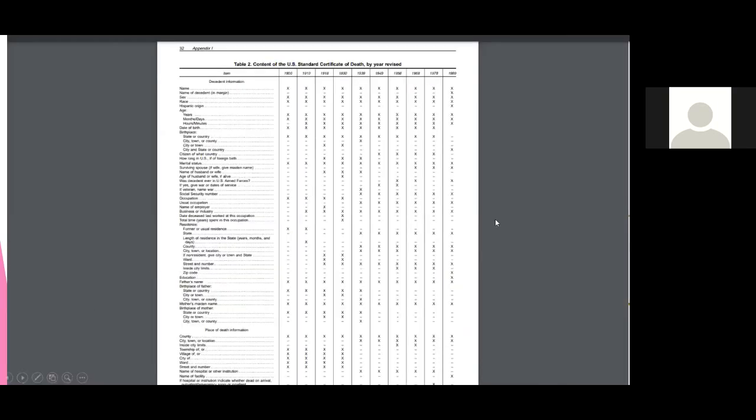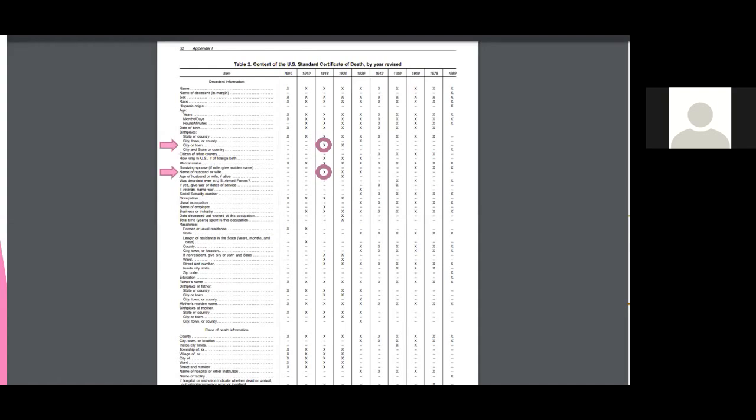This is table 2 showing changes in death certificates over time. So there have been many changes throughout the years. Some of the more significant ones include in 1918, they started being more specific about residency, like the actual city or town where you were living rather than just the state or the county.